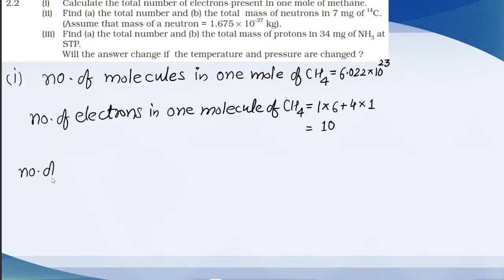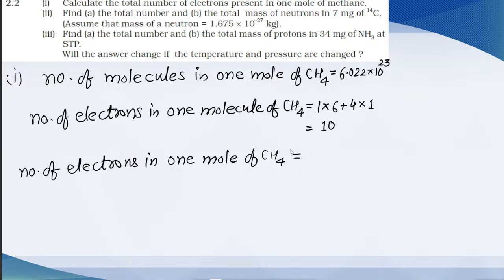So the number of electrons in 1 mole of methane.